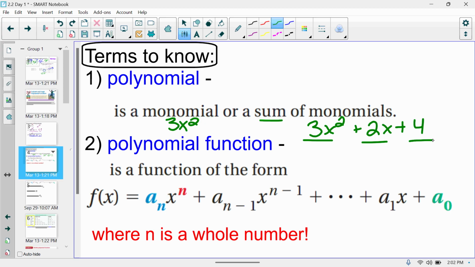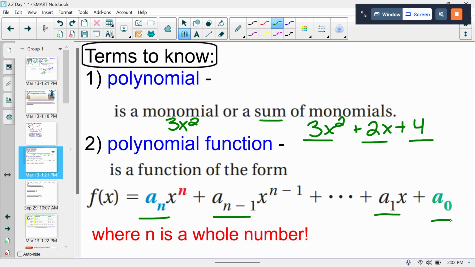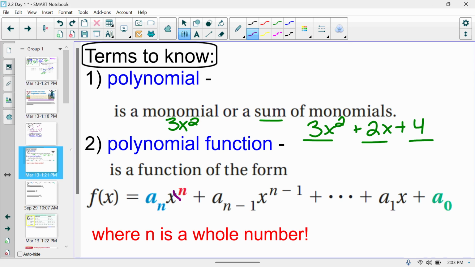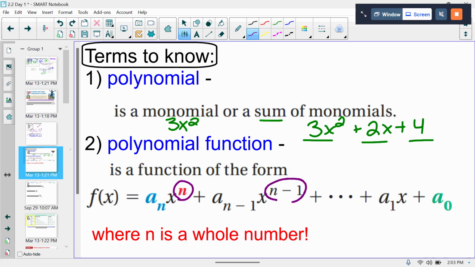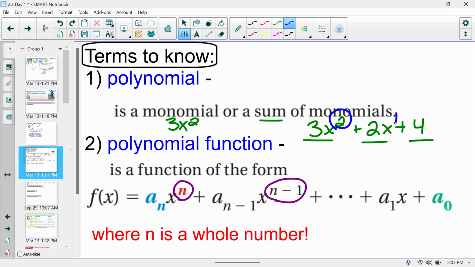So a polynomial is a function of this format. Again, maybe it just has 1 term, maybe it has many terms. But what's important is that if you look at the structure of this, do you see how the exponent, the n there, the next one goes n minus 1? Look at my example. This exponent was 2. 2 minus 1. The next exponent is 1, and so on.